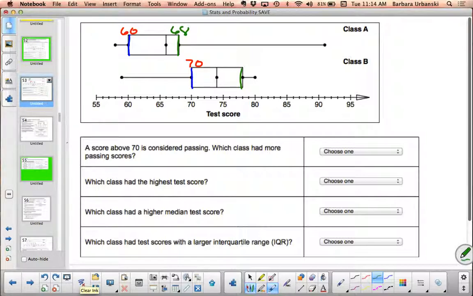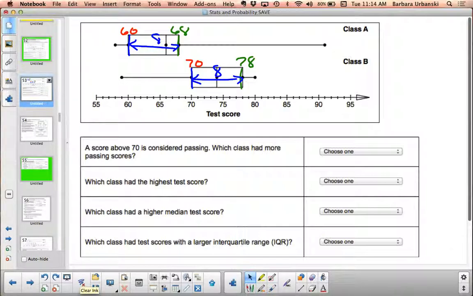And then if I'm looking at the test score here, we've got 75, 76, about 78. If we go ahead and find the difference here, the interquartile range for this particular class is going to be an 8. The interquartile range for this class would also be an 8. And then your choice would have to be that they are the same. They would have the same interquartile range.